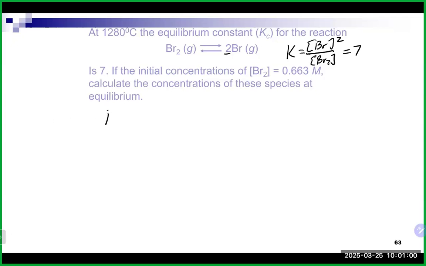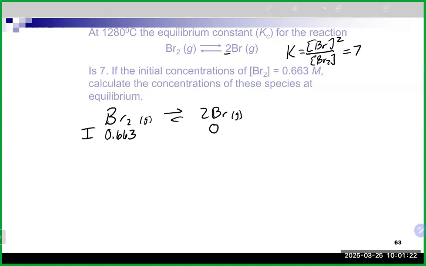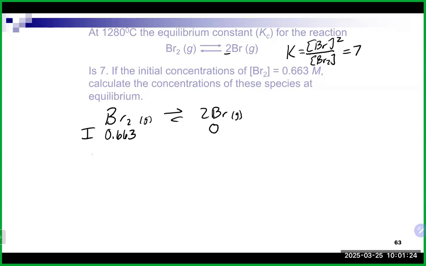So we need our equation here. Initially we put what we got, which is 0.663 of this species. Once again, we are not given any information about our product, so we can safely assume it starts out at 0. That gets us to the change part.